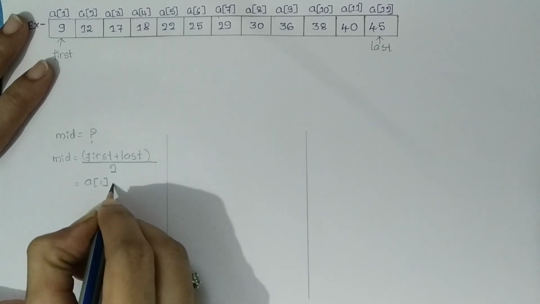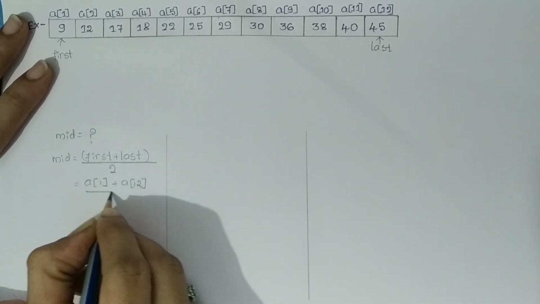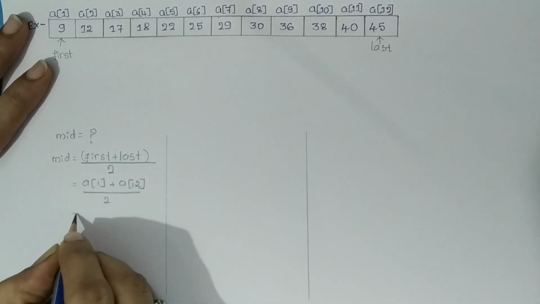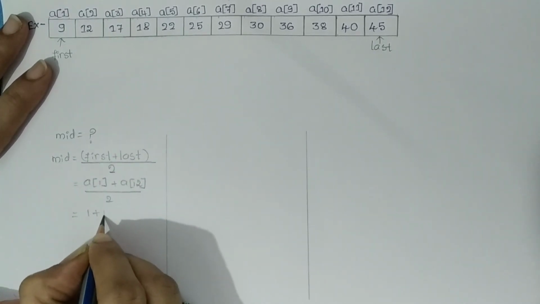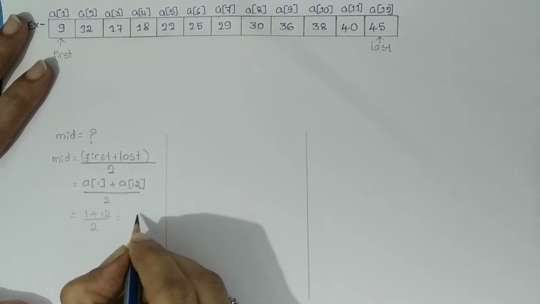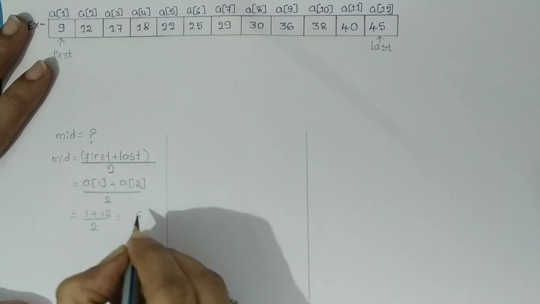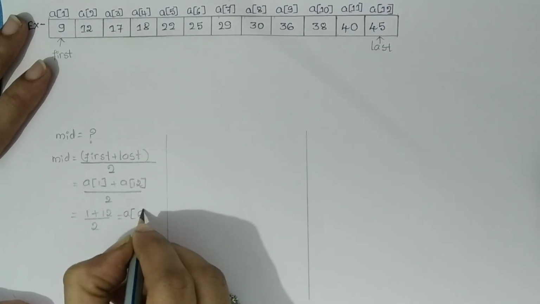Array of 1 plus array of 12 divided by 2, that is 1 plus 12 divided by 2, equals 13 by 2, which is 6. That is array of 6.